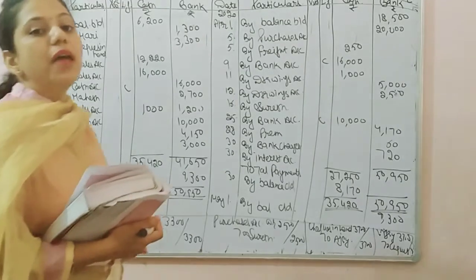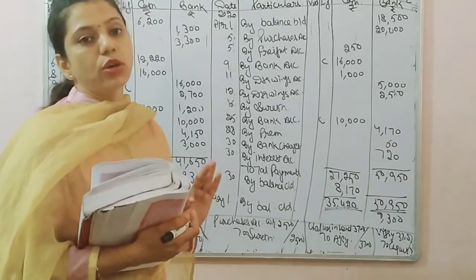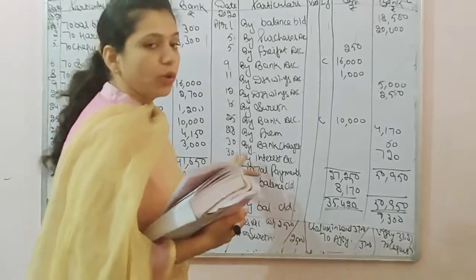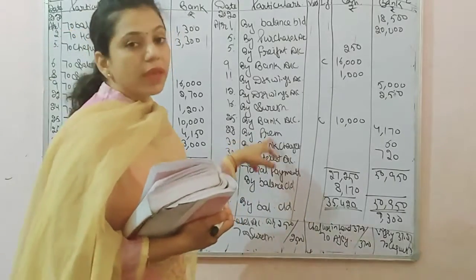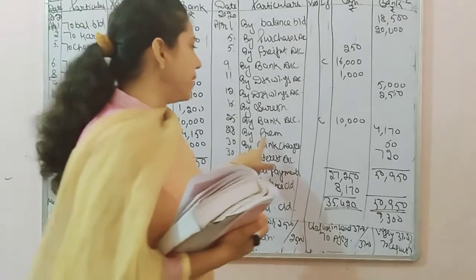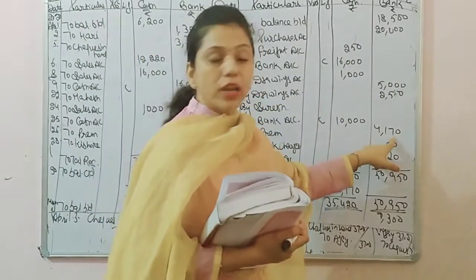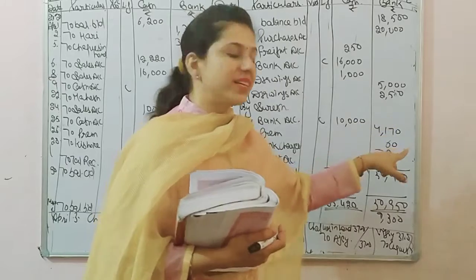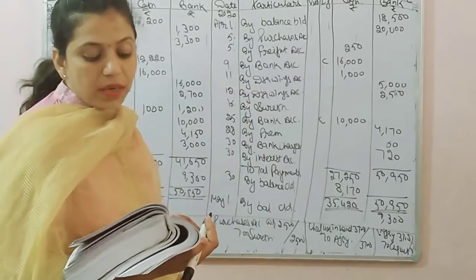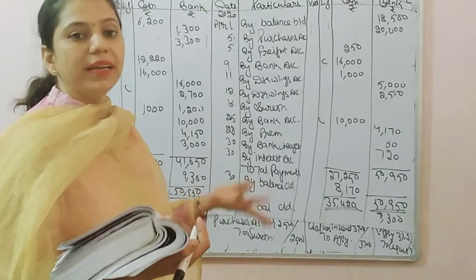Keep it in mind, whenever there is the word dishonored, that means your bank balance is decreasing due to some irregularity. So by Prem, the check will again go to that person from whom it was received. So by Prem, bank column is decreasing including bank charges of 20 rupees. So 4170.